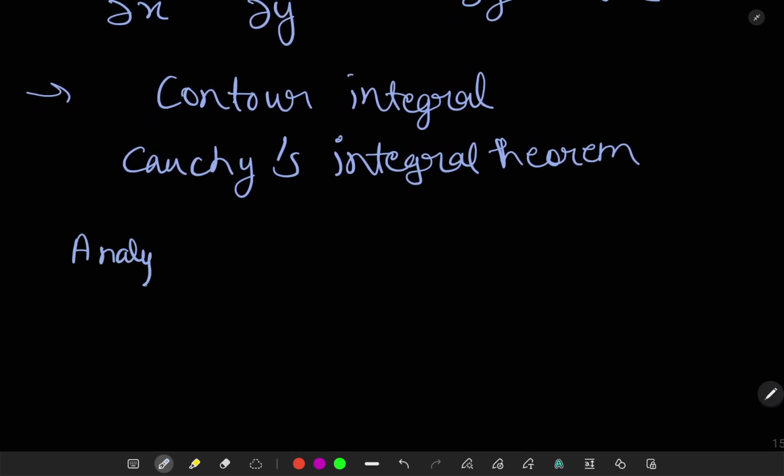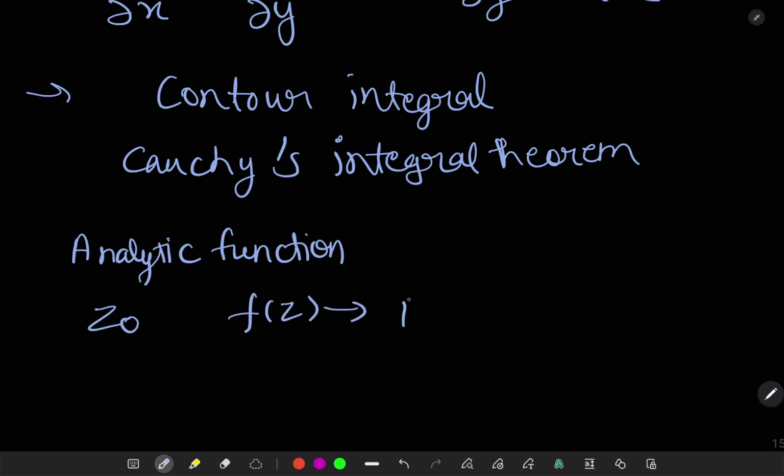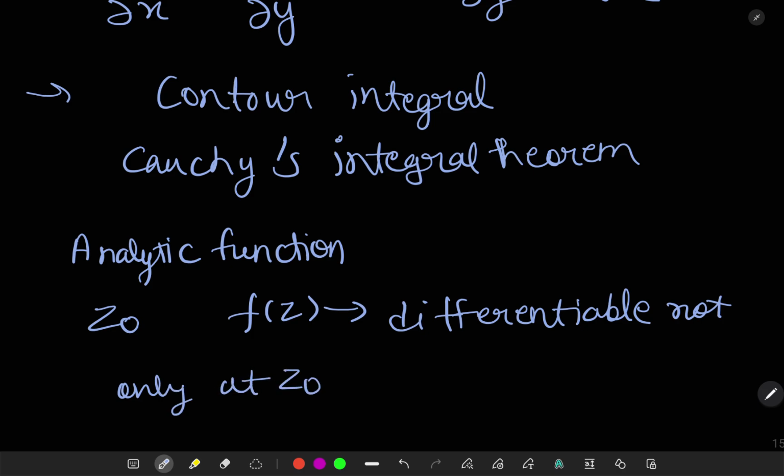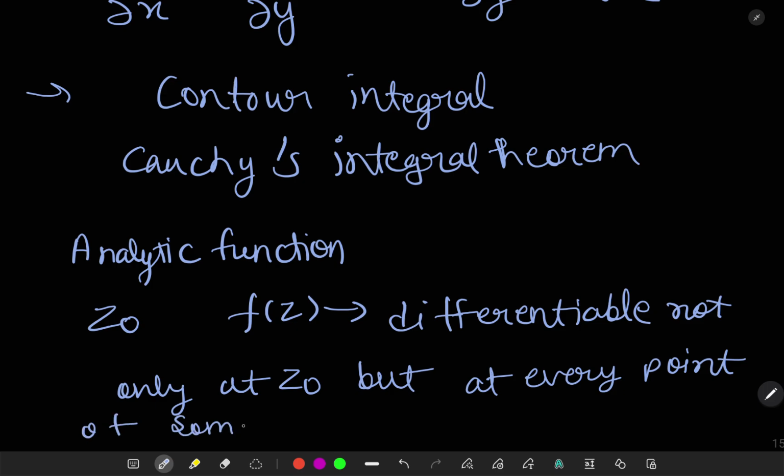Now, analytic function: a function f(z) is said to be analytic at a point z naught if f is differentiable not only at z naught but at every point of some neighborhood of z naught.